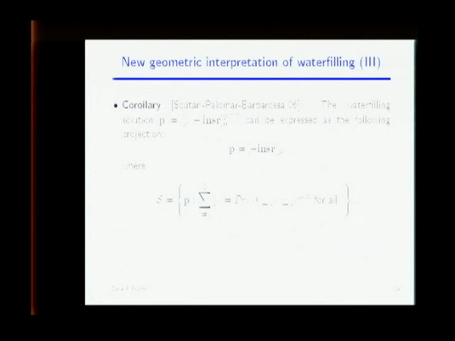So here we don't have any water levels. We finally have the waterfilling as a projection without water levels. This may look like a curiosity to you, but later this will be important. Any question about this? I think it's good to know.